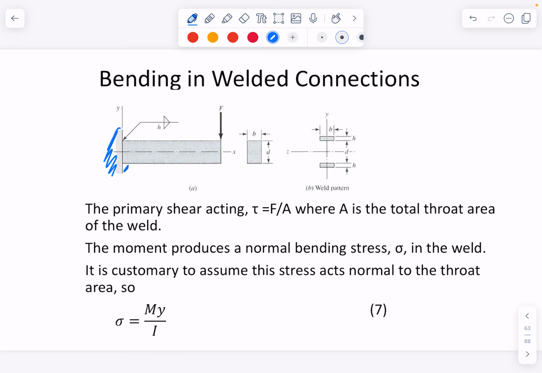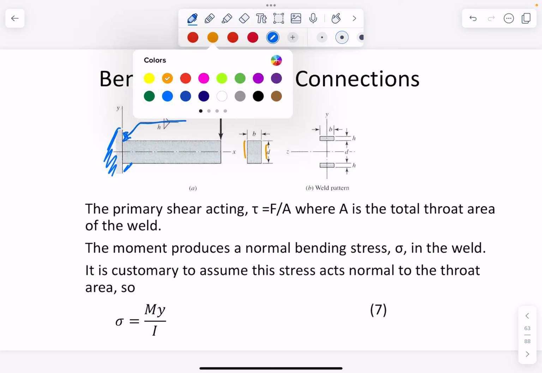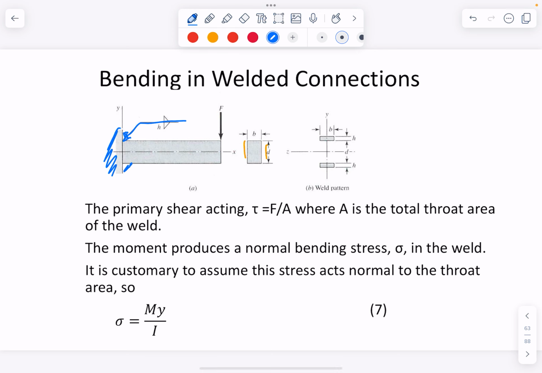Little fillet weld top and bottom. Again, the welding symbol is telling you weld this side with a fillet weld, the other side with a fillet weld. Doesn't say anything at all about those two guys. All right? So we've got top and bottom welds.